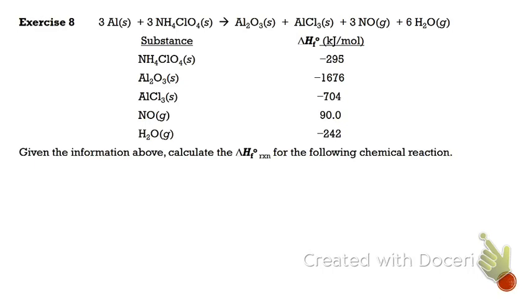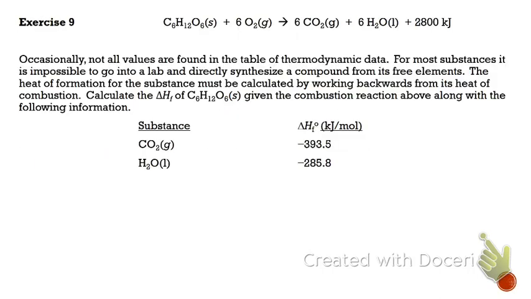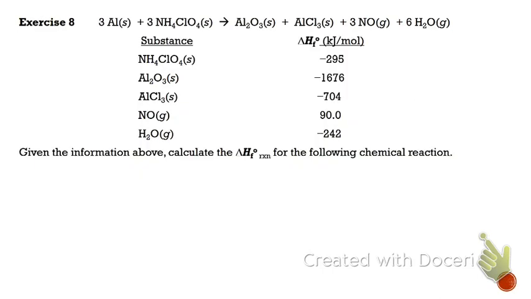And we have all of these heats of formation given to us, and then we have our reactions. And so we're going to use the data given to us to calculate that. So we're going to do products minus reactants. So delta H of reaction is equal to the products minus the reactants.